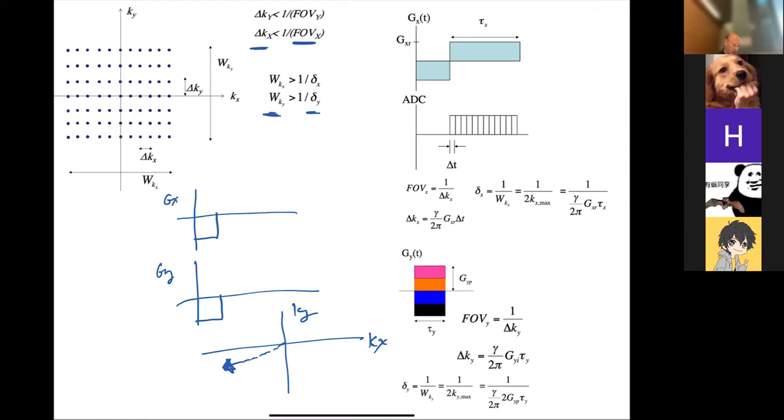Let's say I had a maximum amplitude I could play out, minus A here. I could get the area in this amount of time, maybe with the GY gradient, but it would take me this amount of time to get sufficient area in the GY gradient. So the one that has to go farther out in K-space is going to be my limiting factor.